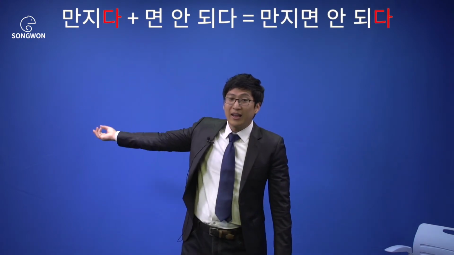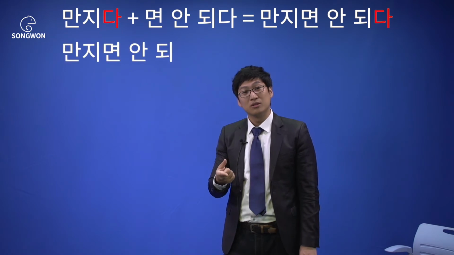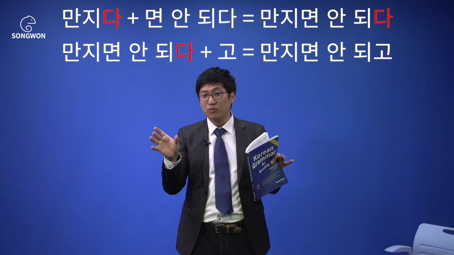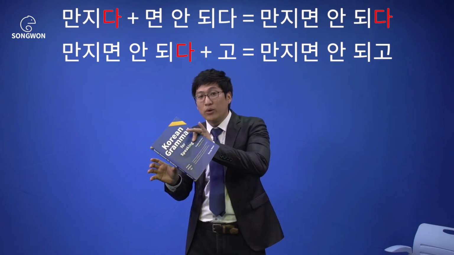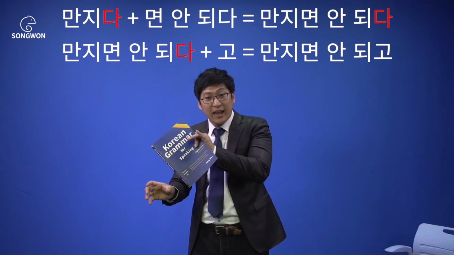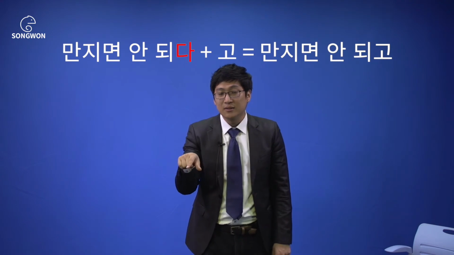No. Because this grammar finishes with 다. 만지면 안 돼, 다. But we want to take out 다 and then add what? 고. Right. 고. So you can add a word like 가고, I go and, 먹고, I eat and, 공부하고, I study and, right? So you shouldn't touch and.